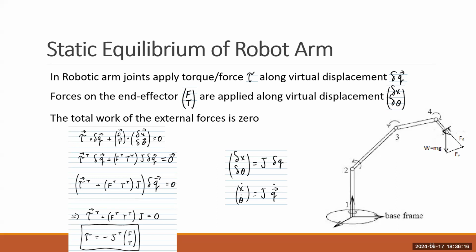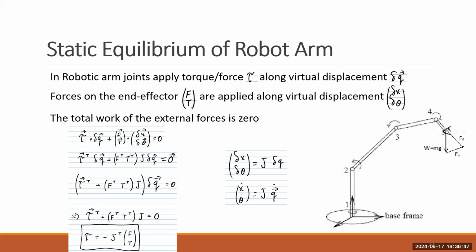But if we take this X dot, theta dot, and Q dot for a small delta t, it's like delta X, delta theta, and delta Q. So this is the relation. And we can substitute this here and get delta X, delta theta equals J delta Q. Does everyone understand this? Okay.